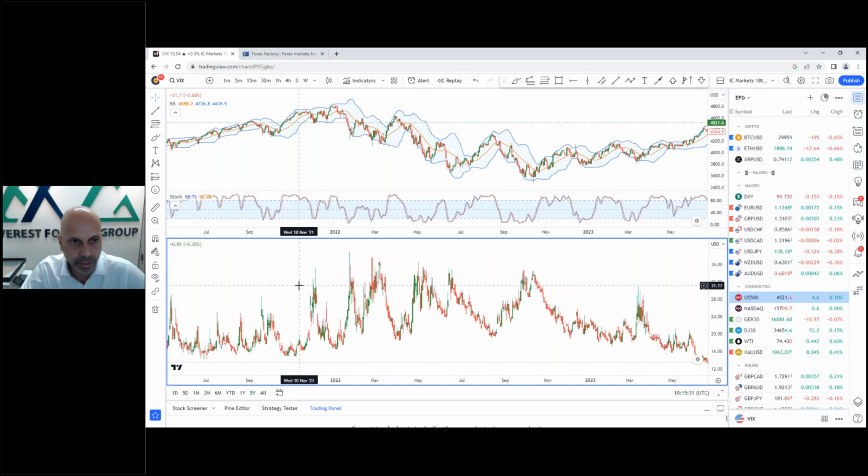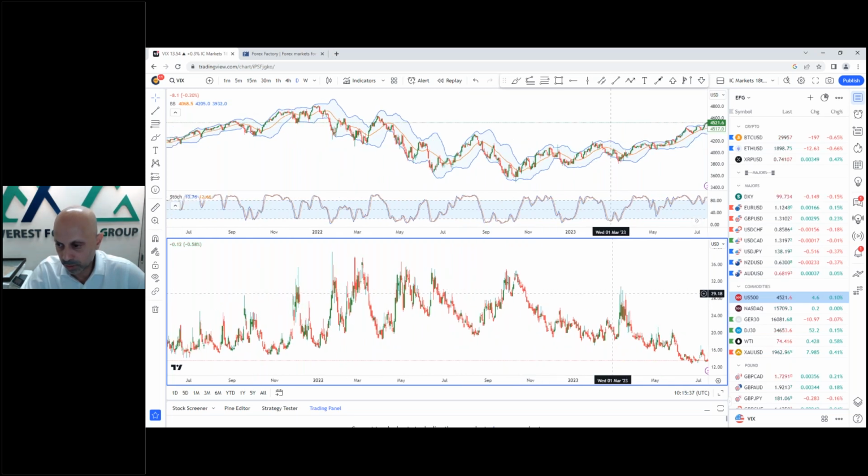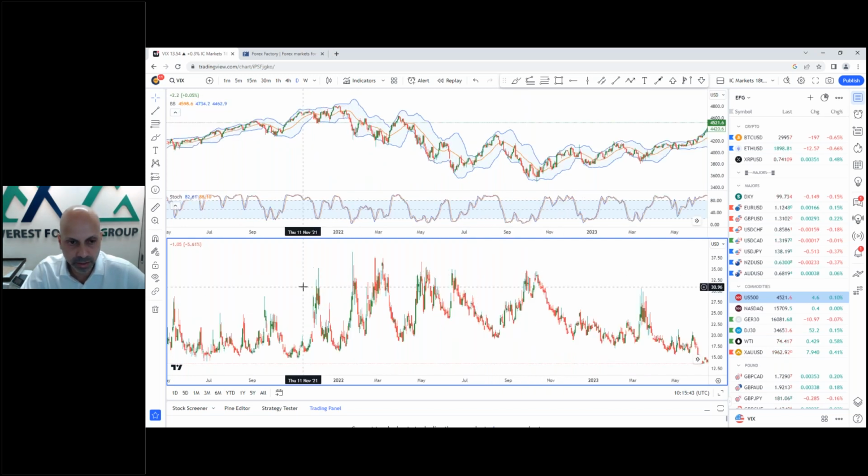What has happened in the past, and continues to do so, although volatility has been pretty low since the middle of March, is that when the VIX goes above 30 or comes close to 30, it usually tends to signal a bottom in equity markets.